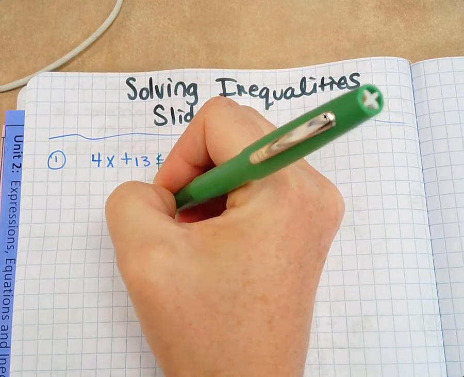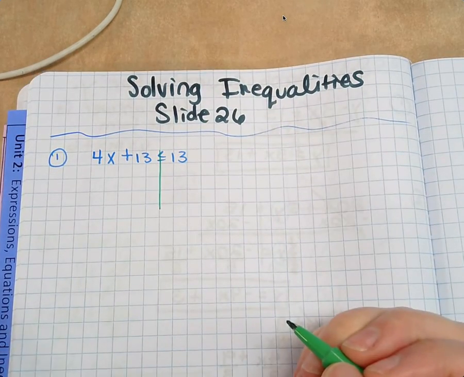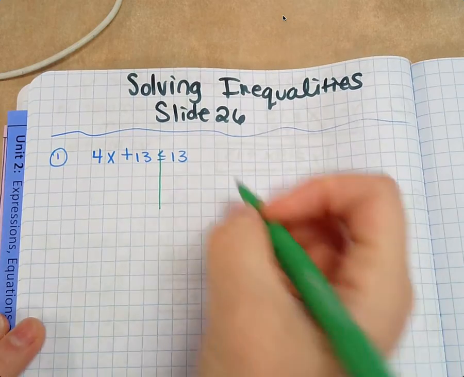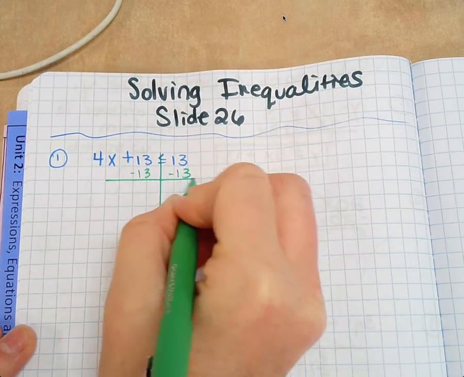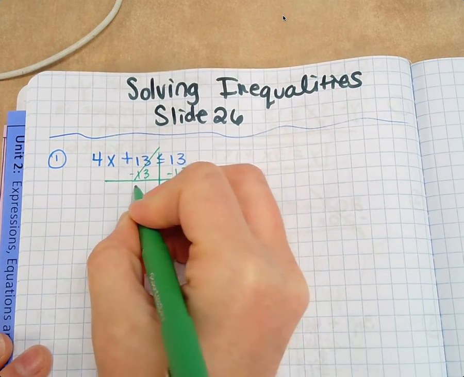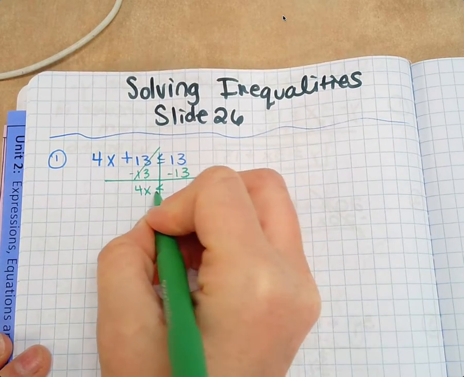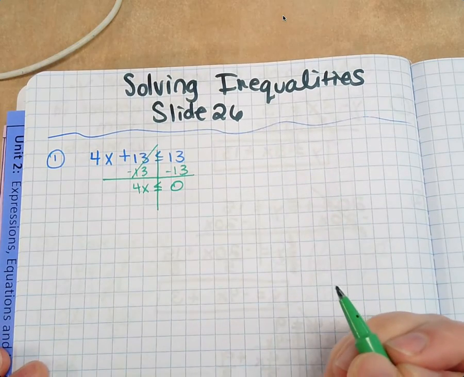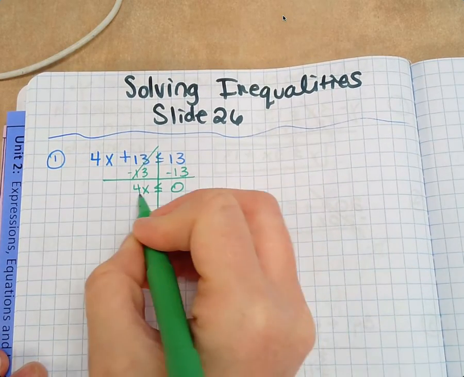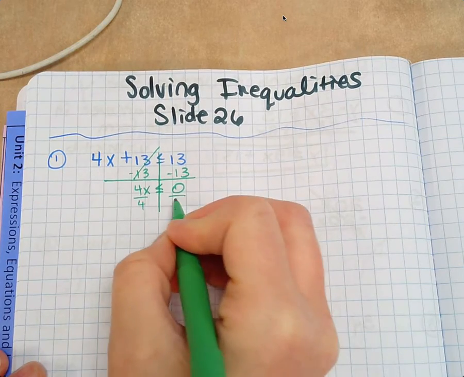So just like with the equations, we draw a line down the equal sign or down the inequality sign. Subtract 13 on both sides. We get 4x is less than or equal to 0. Then we divide by 4.